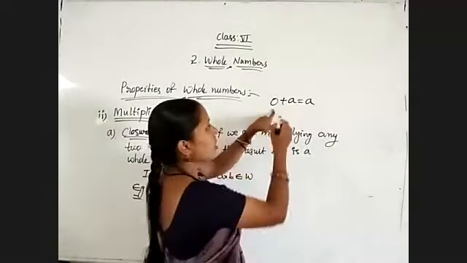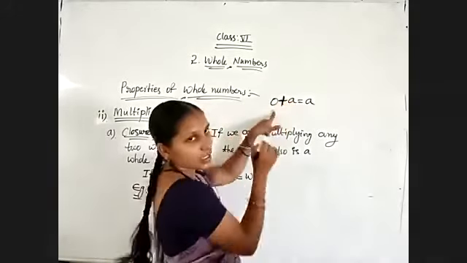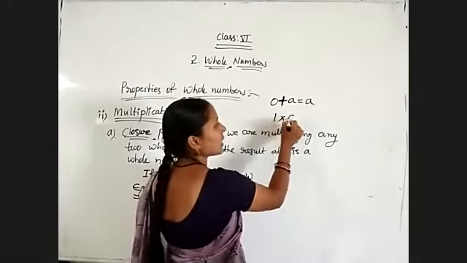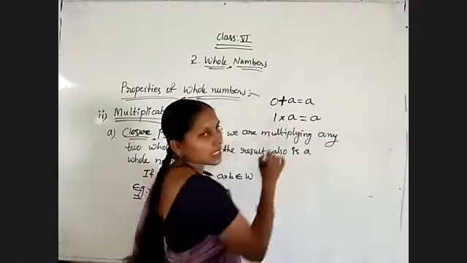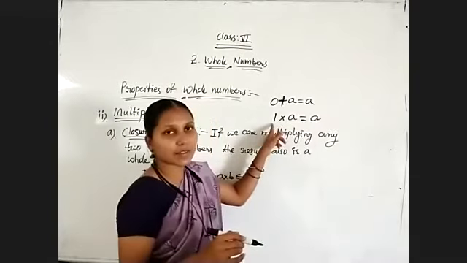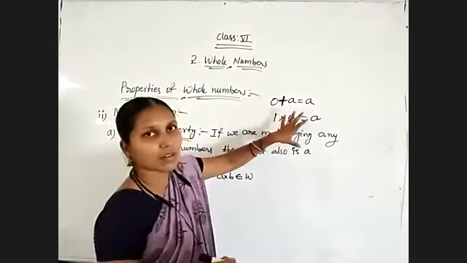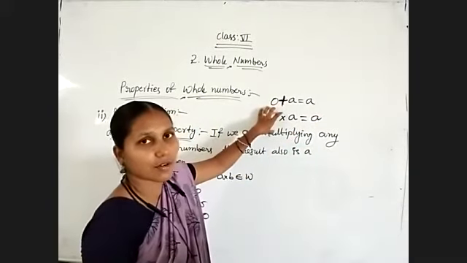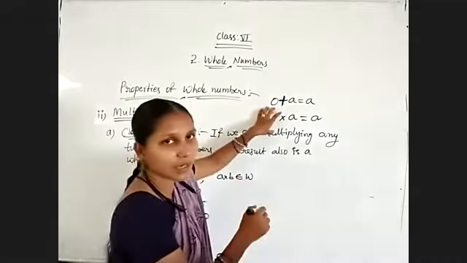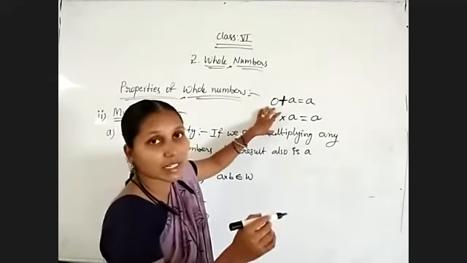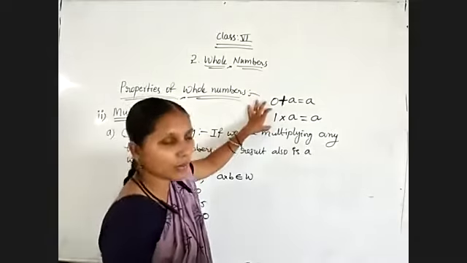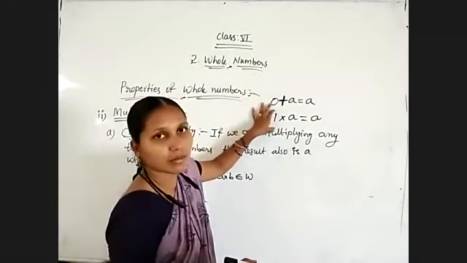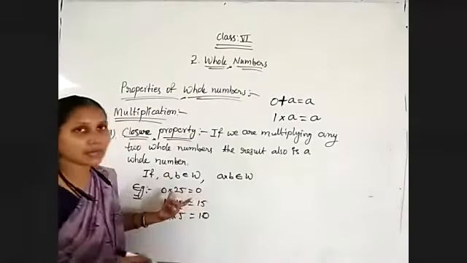That's why 0 is called the additive identity, because of plus. Here, in the same way, 1 into any number is that number itself. So 1 is called the identity element of whole numbers with respect to multiplication, otherwise the multiplicative identity.